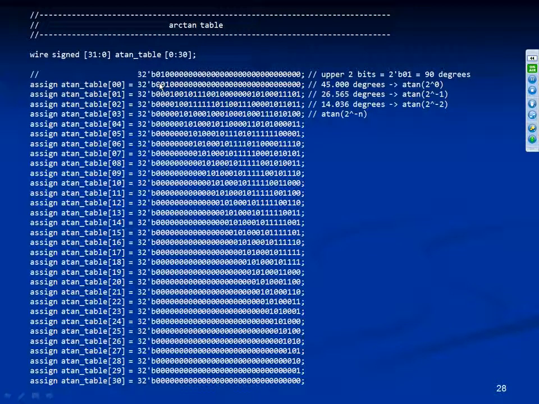Okay, so if this, go ahead. So your angle is going to turn out to be 1 over 2 to the n of a circle. Is that correct? Yeah, a complete 0 to 2 pi would be a value of all these bits 0, and all the way up to 2 pi, all the bits would be 1.